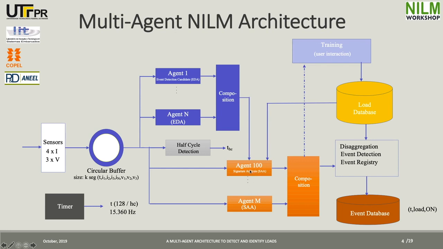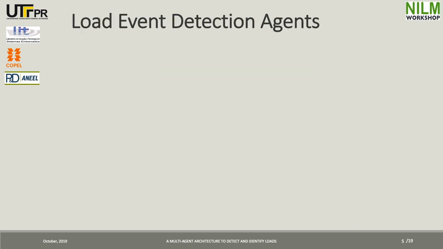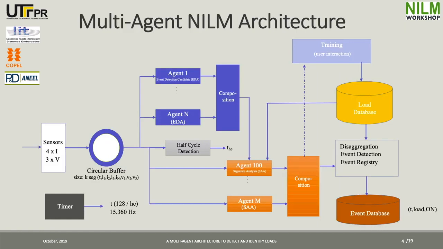They stay sleeping most of the time, and they only wake up when one of the blue agents informs them there's some work to do. Again, several of these agents work concurrently, and they vote, and this other composition block will decide which sort of load had an event. An event is something like turning on or turning off, or in a multi-state load maybe a change of state.